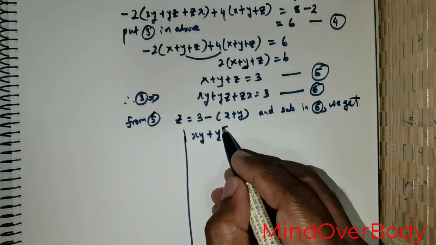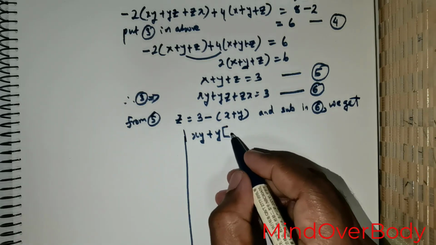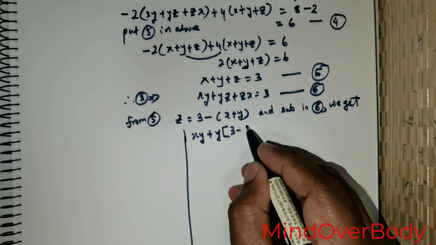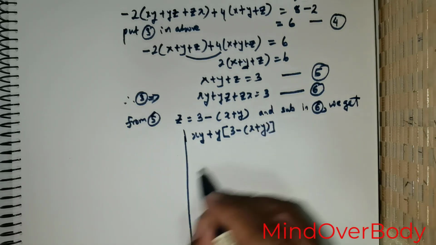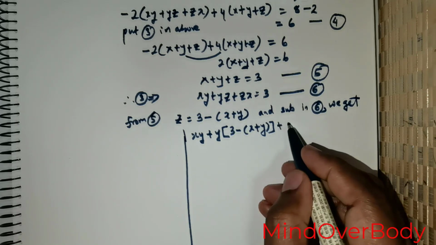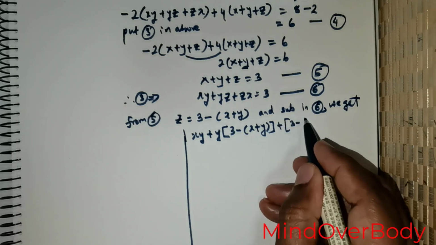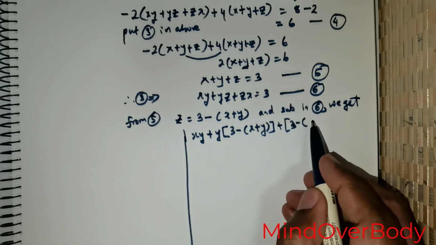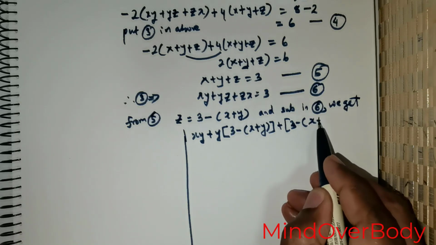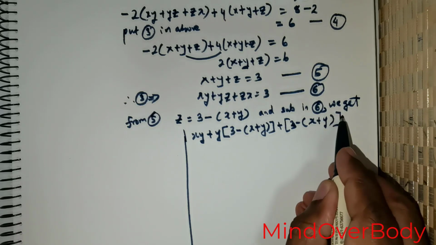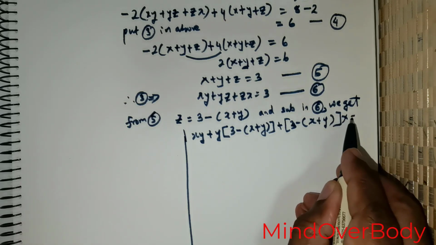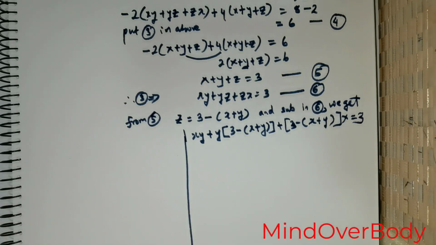So this is going to be 3 negative of (x + y), followed by positive of 3 negative of (x + y) in place of z, right? This has to be multiplied by x, and on the right I've got a 3.